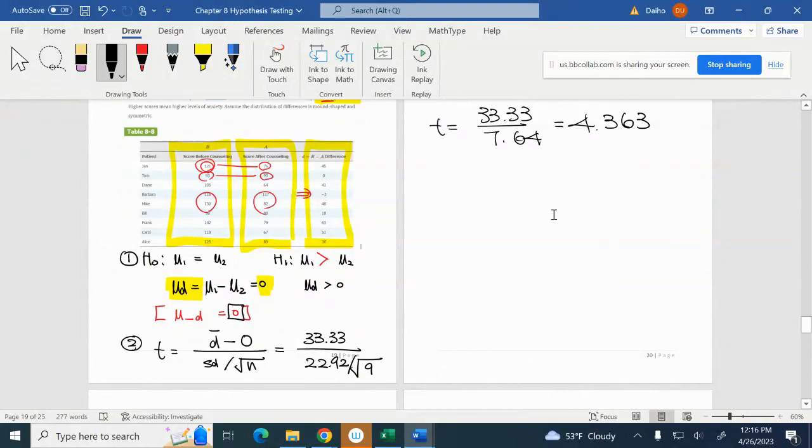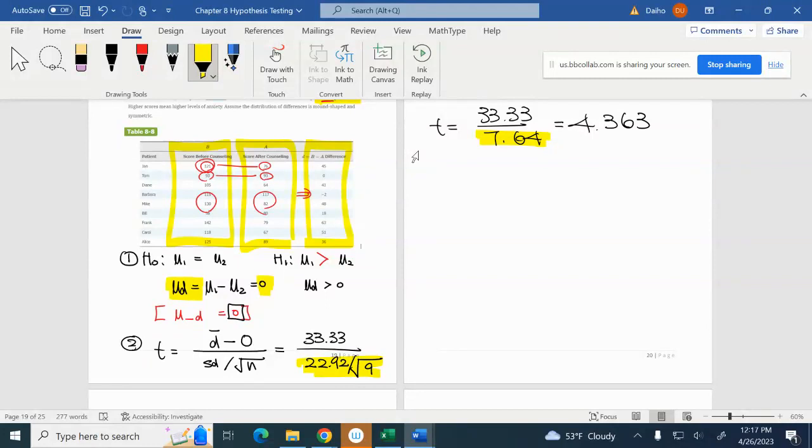Wouldn't it be 22.92 over square root of 9? That is 7.64. We use it over the square root of 3. I did the square root of 9, so simply just divide by 3. That is the 7.64. And finally, the test statistic t-score is 4.363.